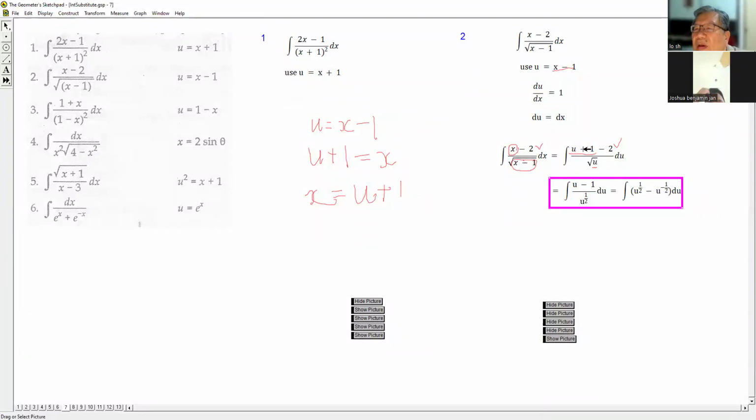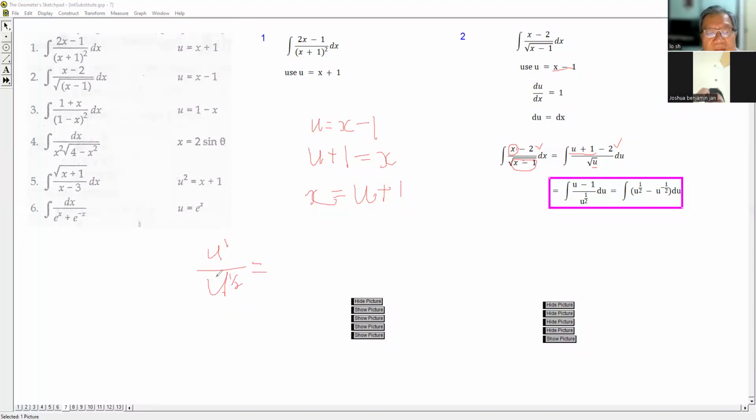U, then plus 1 minus 2 becomes minus 1. Square root of u is u to the power of half. So u minus 1 over u to the power half. How does it become like this? Okay, I should explain here. We take this one, u over u to the power of half. This u is actually u to the power 1.